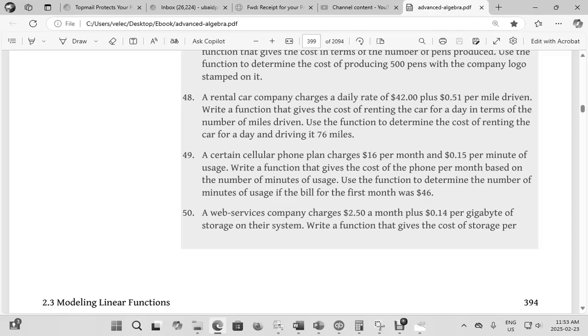Use the function to figure out the number of minutes of usage if the bill for the first month was $46. We know that $16 per month is your base fee for your cell phone plan, and on top of that you get charged 15 cents per minute of usage.